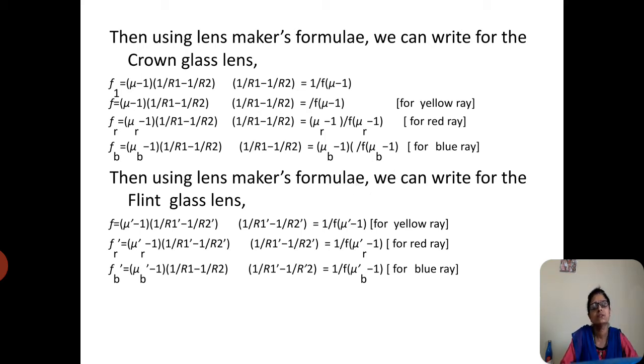Now we use the same lens maker formula for the flint glass also. So the expressions for the flint glass for different colors of rays are like this.